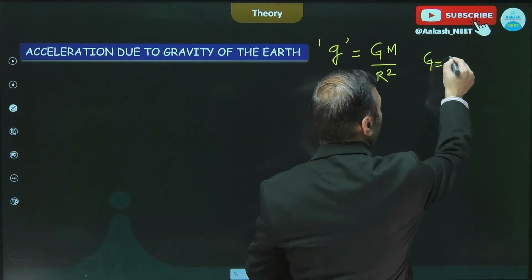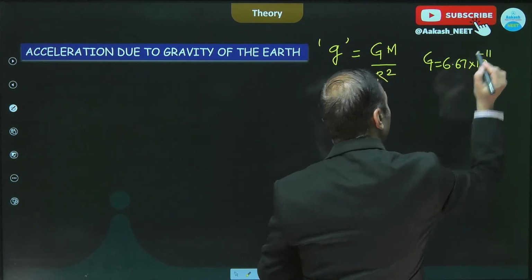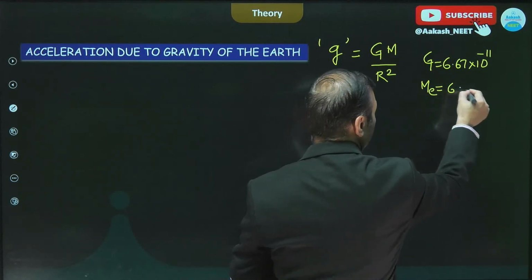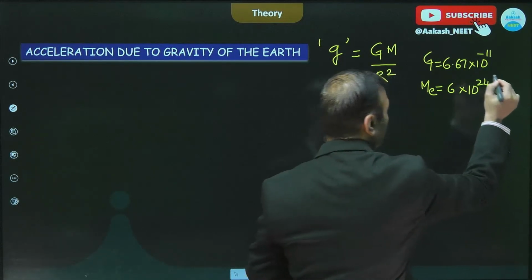So G being the gravitational constant is 6.67 into 10 to the power minus 11 in the SI system, and the mass of earth is 6 into 10 to the power 24 kg. All these values are in the standard SI system.